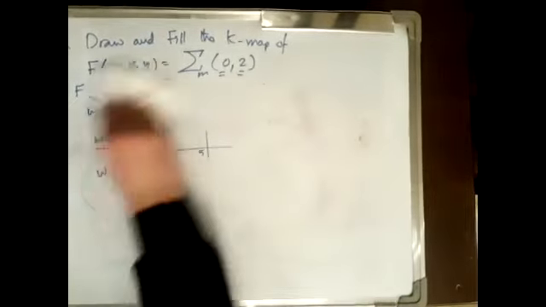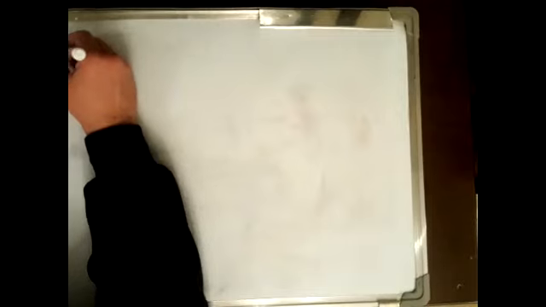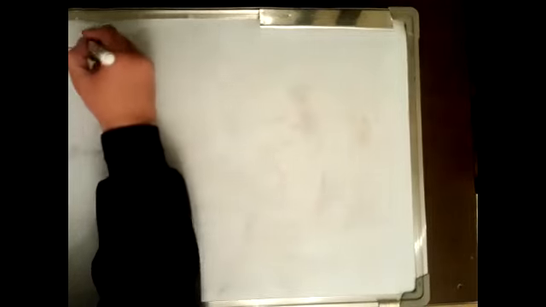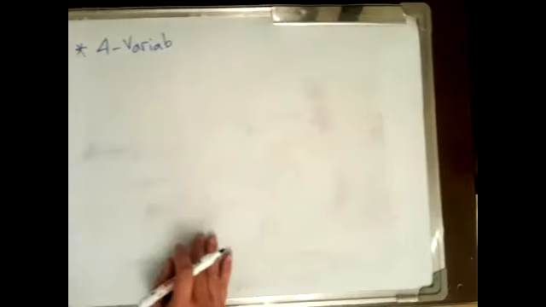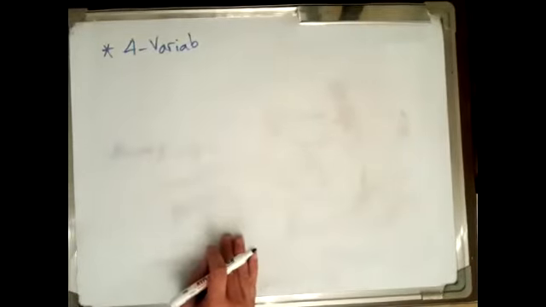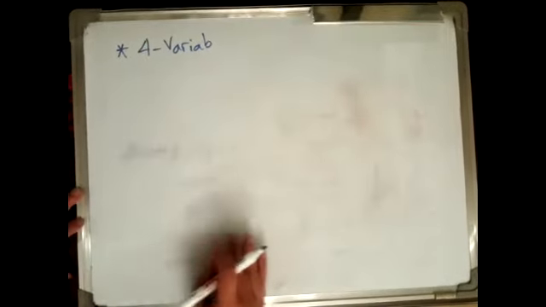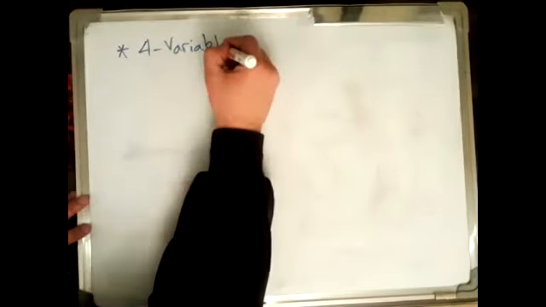Despite the fact that we have 4 variables, still we will use 2 dimensions. In other words, we will let variables share dimensions. In the 3 variable case, one of the variables has 1 dimension, but the other 2 variables shared the other dimension. So let's go to the 4 variable K-map.